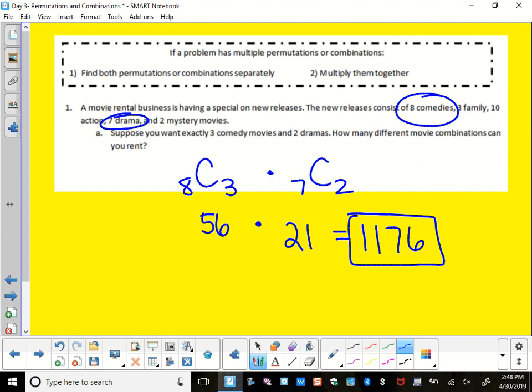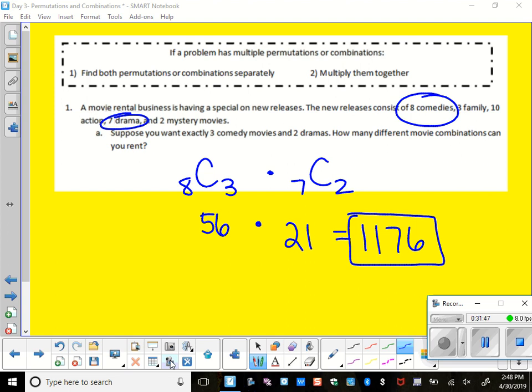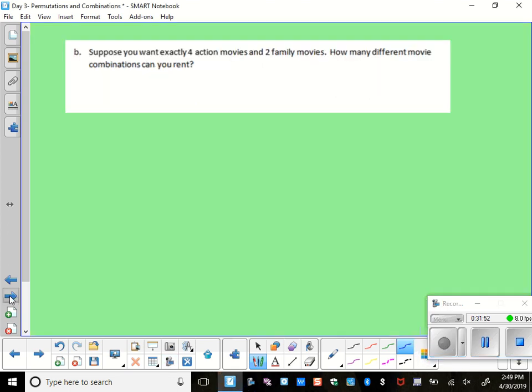Now I want you to do letter B. Alright, it's going to be on 2 different pages, so while you flip back and forth, did you guys have 10 action movies and you chose 4? And we're going to multiply that by 3 family movies and we chose 2.